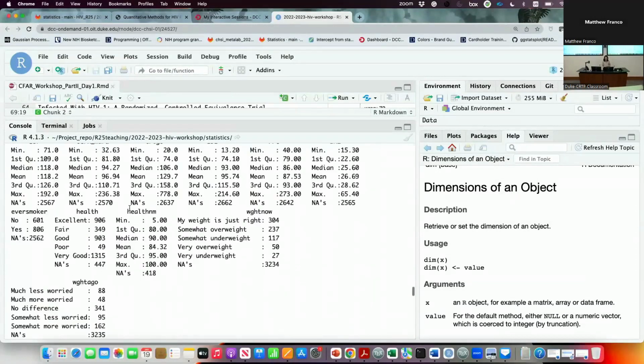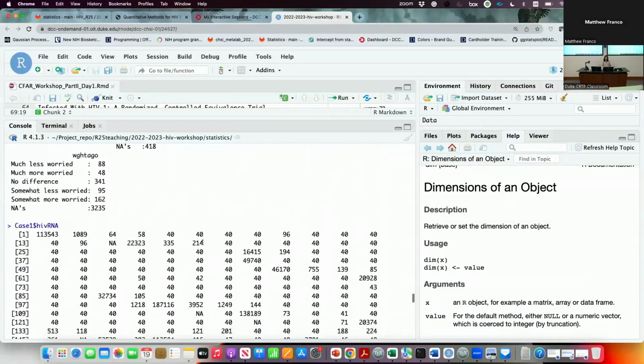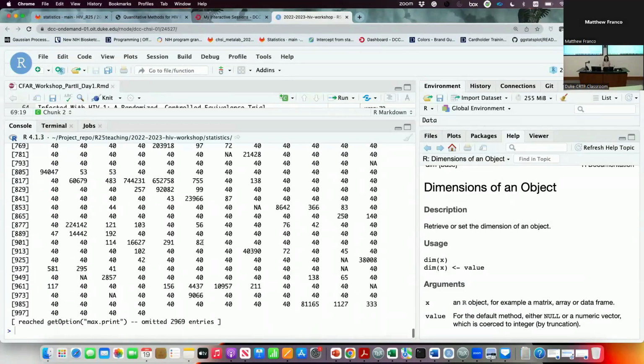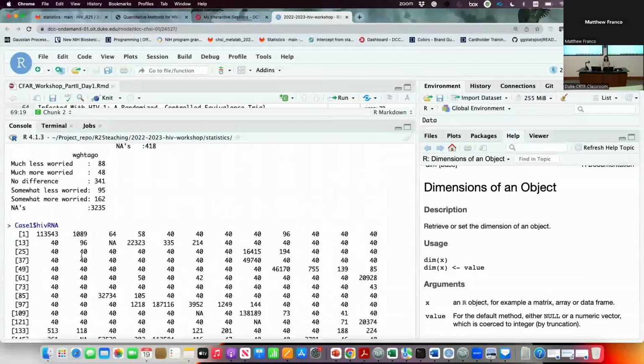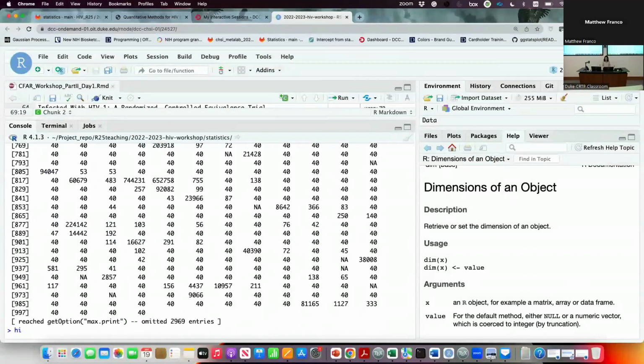And now you have this. But obviously, this is too many numbers for us. How should we do it? Because this HIV RNA is a continuous variable, and obviously they have NA values. But we could say hist, which is a histogram of case 1, and again the $ sign, HIV RNA.